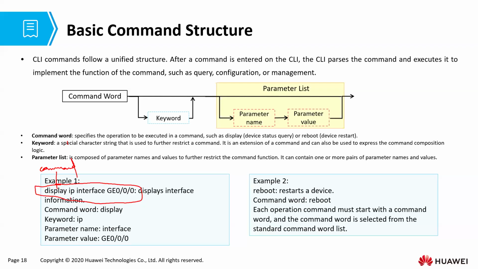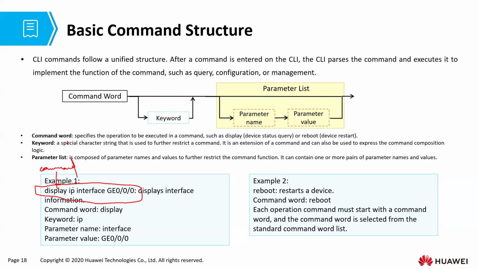From display, you can display a lot of things. You can display my IP address, my device, you can display the routing table, the MAC table, information about the routing protocols that you are using. You can display the running configurations. There are a lot of things you can display, but the command is display. To be more specific, there is need for a keyword. You specify what exactly you want to display.